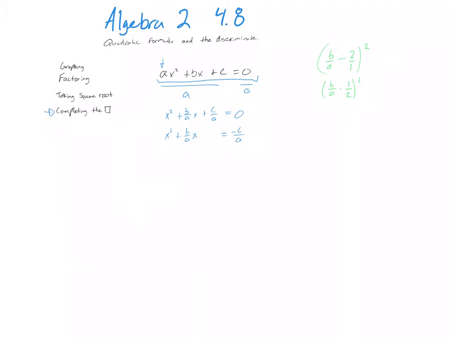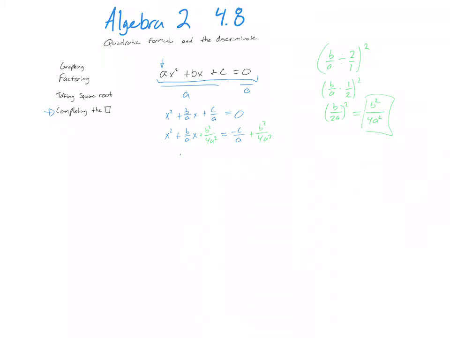Then squaring that gives b over 2a squared, which is equal to b squared over 4a squared. So this is what I'm going to add to both sides: plus b squared over 4a squared.